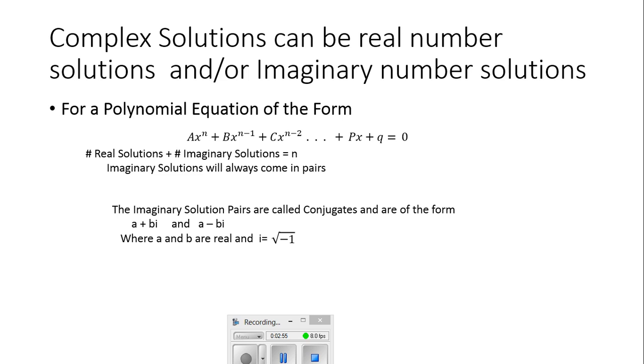Furthermore, they will be in what we call conjugate pairs, as stated down here. So if you are told that one of your solutions is a plus bi, you automatically know the other is a minus bi, where of course i is the imaginary number, square root of -1, and a and b are real numbers. These are what we call complex conjugates, as listed here, okay?